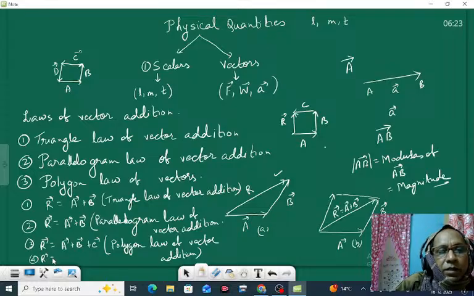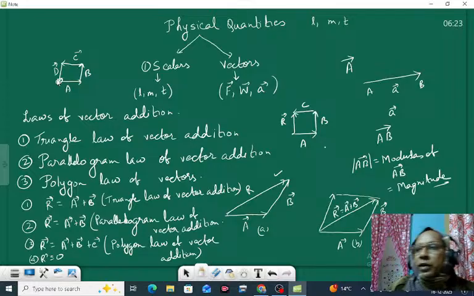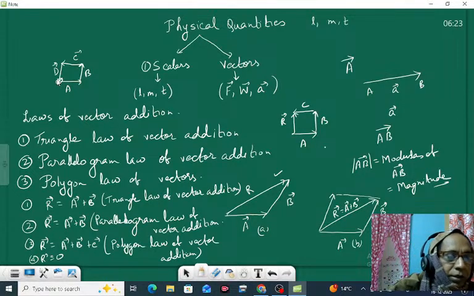The resultant vector is 0 in this case because the initial point and final point are the same, right? In this way you can find the different physical quantities or vector addition.